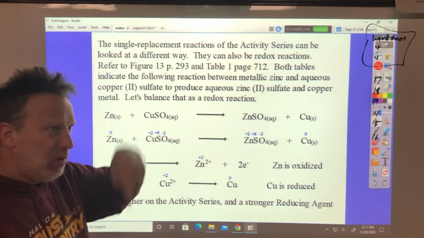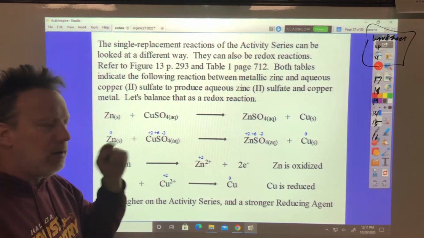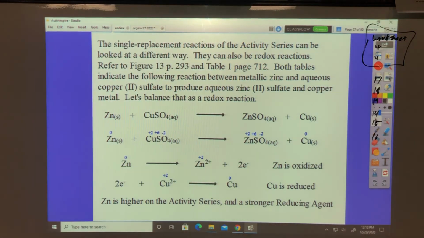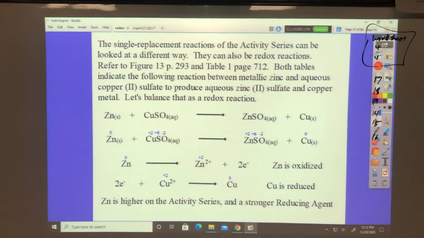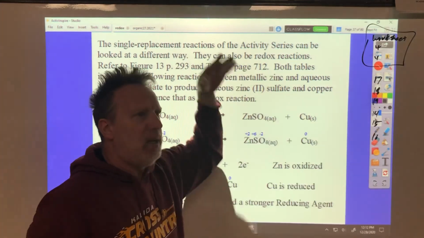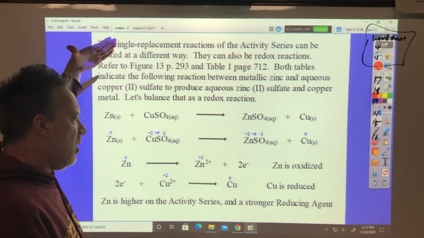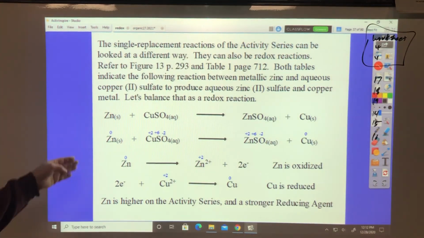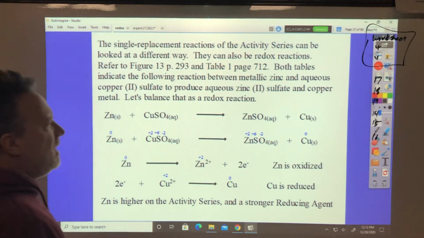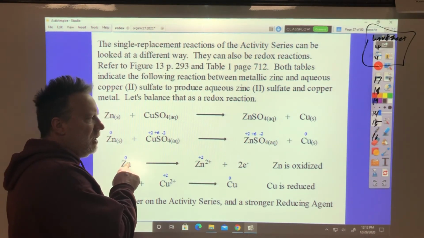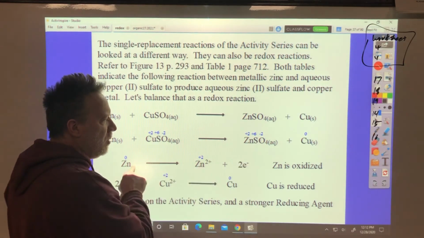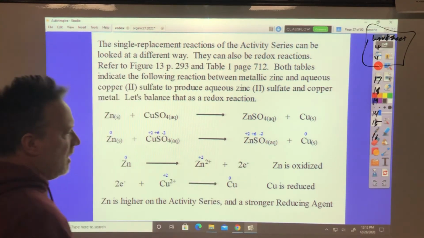That's what that table is for, you plug numbers in and calculate that. Zinc is higher on the activity series than copper metal is, so it's a stronger reducing agent. So it'll go this way, but not the other way. If zinc is a reducing agent, then it is oxidized, and you write it this way, copper is reduced.